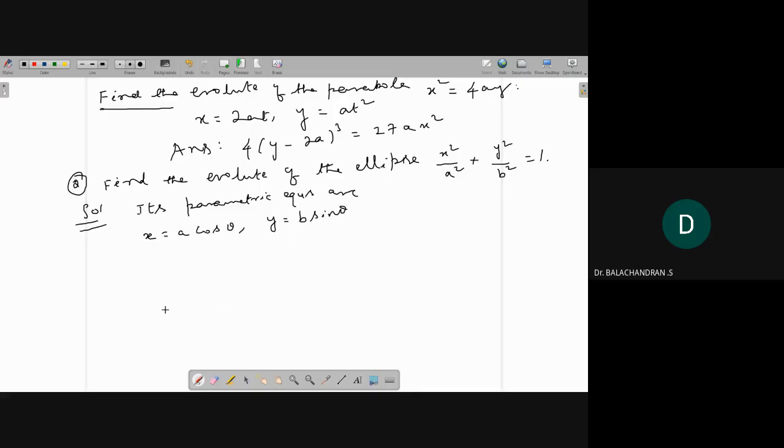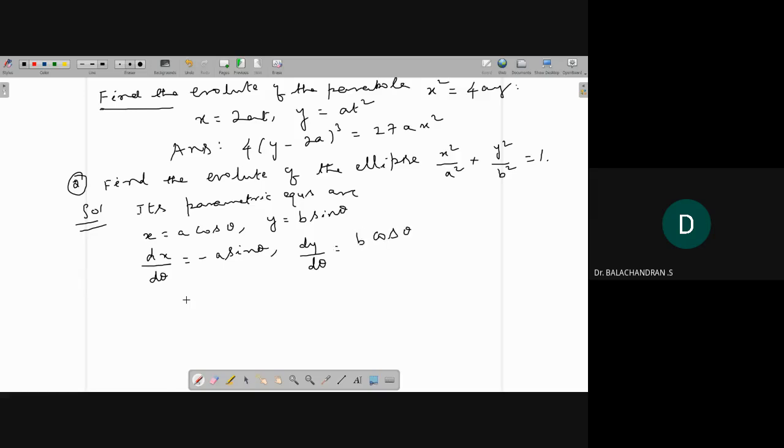Okay, now we need to differentiate. So what is dx by d theta? Minus a sin theta, and dy by d theta equal to b cos theta.